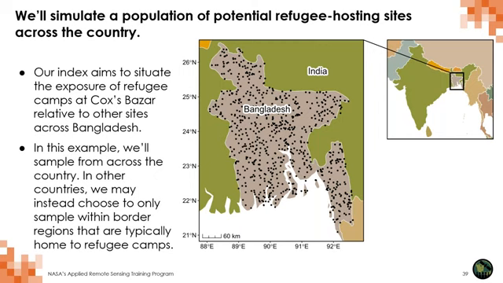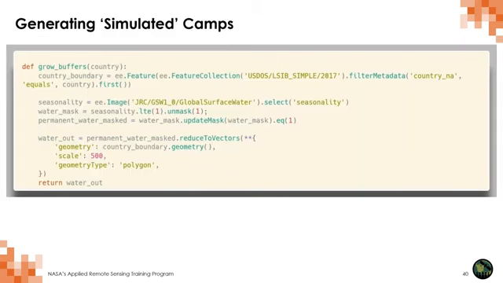One of the choices that we've made here, which is quite geographically specific, is that we've chosen to include all of Bangladesh, given its relatively small scale. But for prior work that we've done in East Africa, where we built similar exposure indices, we used the first 100 kilometers of the border region where we find refugee camps. And so that should be tuned depending on the actual geography.